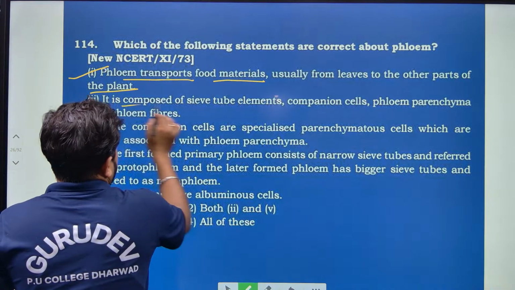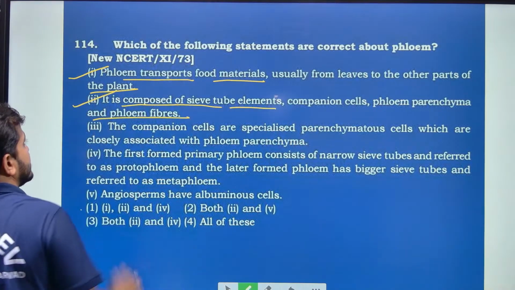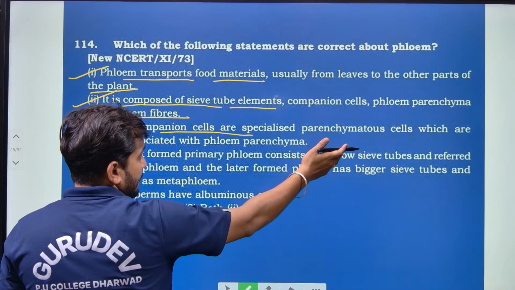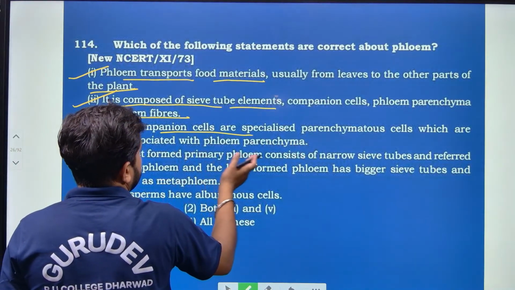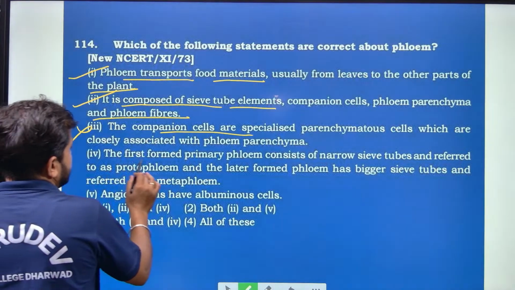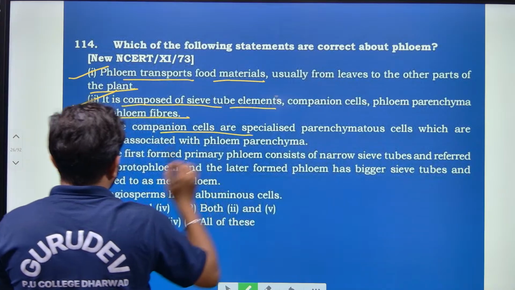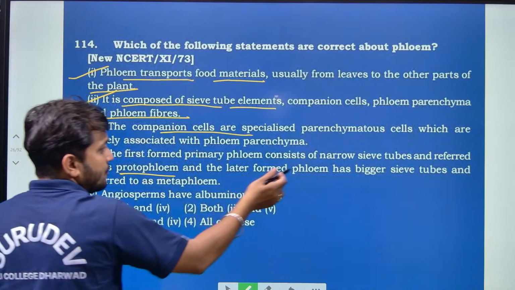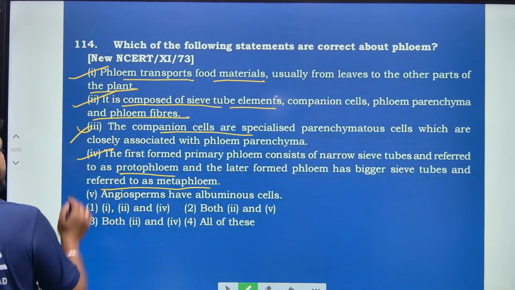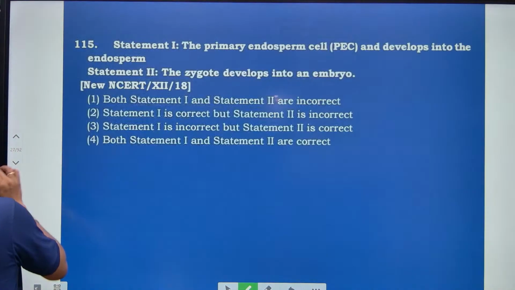Then, it is composed of sieve tube elements, companion cells, phloem parenchyma and phloem fibres. Yes, that is correct. Then, companion cells are specialized parenchyma cells closely associated with the phloem parenchyma, so this statement is wrong here. Then, the first formed primary phloem consists of narrow sieve tubes and is referred to as protophloem, and the later formed phloem has bigger sieve tubes and is referred to as metaphloem. Yes, this is correct. So based on this, option 1 is correct here, right?